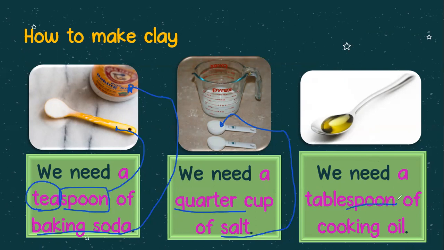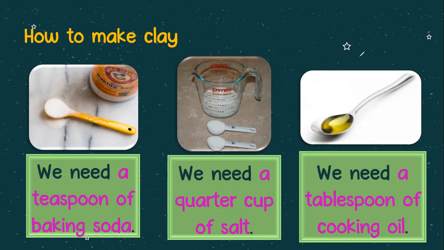One more time, spoon, but in this case, we have the word table. It's bigger than this. This is small, this is big. Tablespoon of cooking oil. Look here, the cooking oil is here. So one more time: a teaspoon of baking soda, a quarter cup of salt, a tablespoon of cooking oil. Those are the expressions that we are going to use in the new instruction.